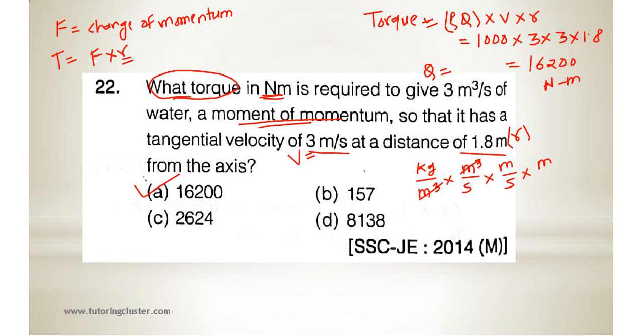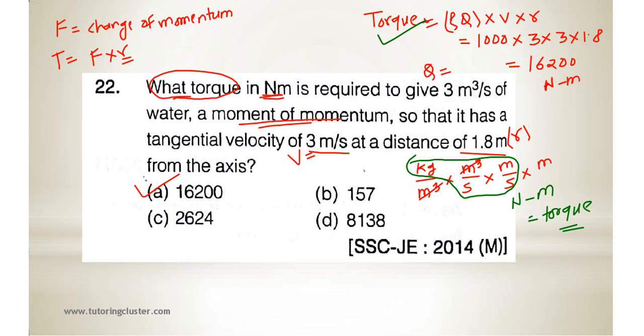So what is kg meter per second square? If you do this, kg meter per second square is Newton meter. It is nothing but torque. So whatever formula we are using, it's a correct formula.